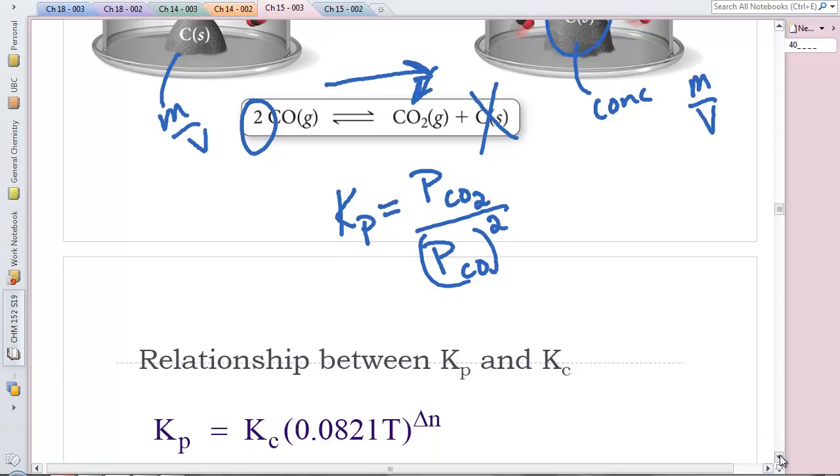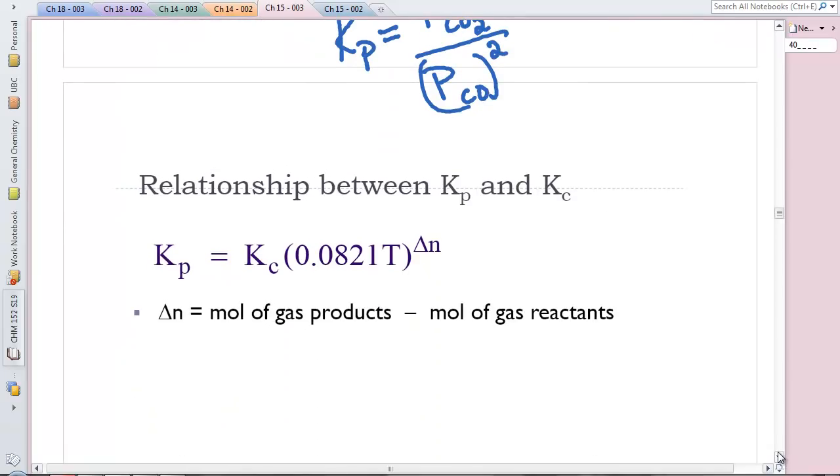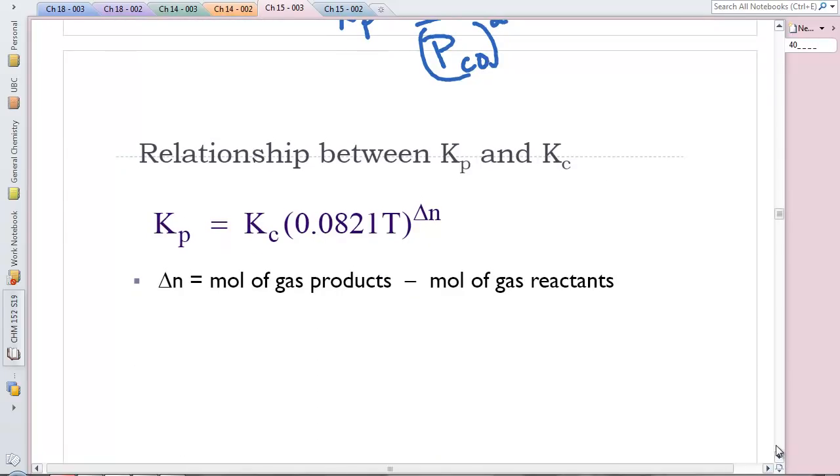All right, and I think the last thing before we finally get back to our handout. I'm not going to derive this now. I don't really think it's worth our time. But we did see in the ideal gas equation that pressure is directly proportional to molarity.